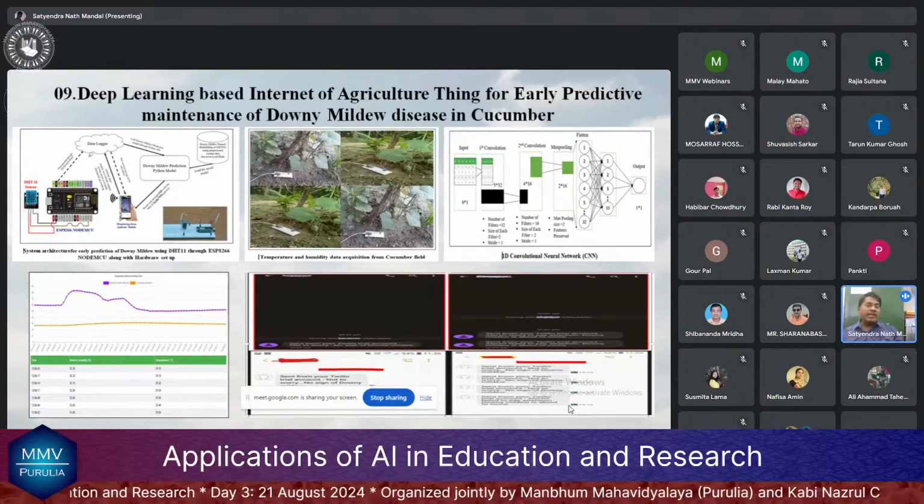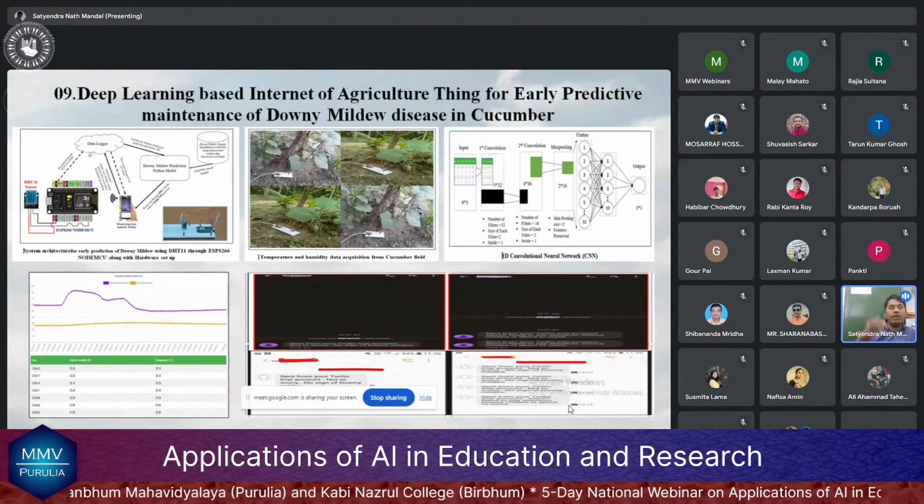It drastically reduces the photosynthetic area, and the yield becomes less, or after some days we lose the field. After collecting the data, we use a deep learning model to predict the actual time when the disease may occur.